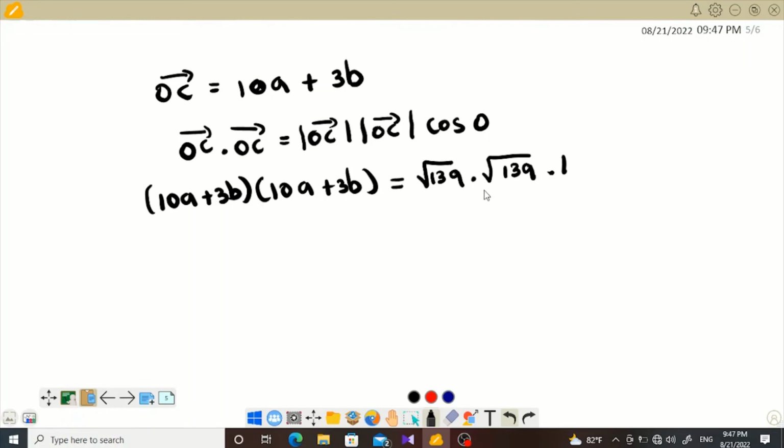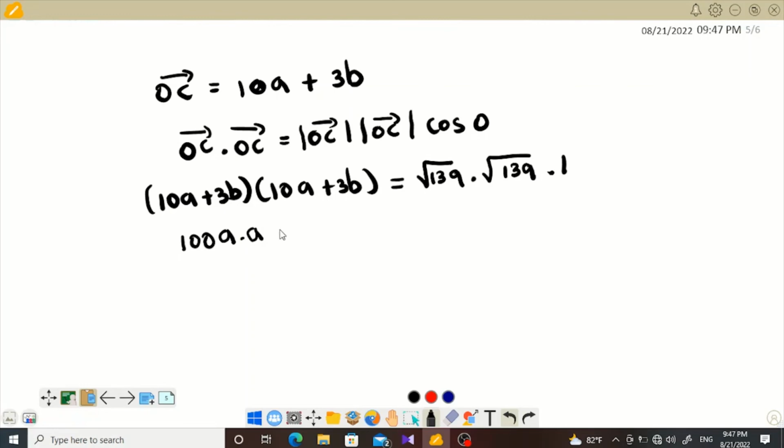This implies multiplication. So I am going to multiply 10a into 10a. It means 100 a dot a. We don't write a multiply a as a square, because this is a vector. So a multiplied by a is a dot a.